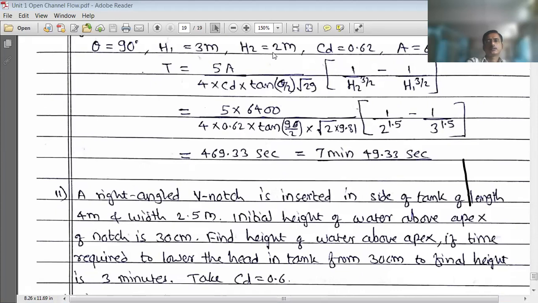Okay, correct. 469.3533. Correct. You have got the correct answer. Other students put your answers.